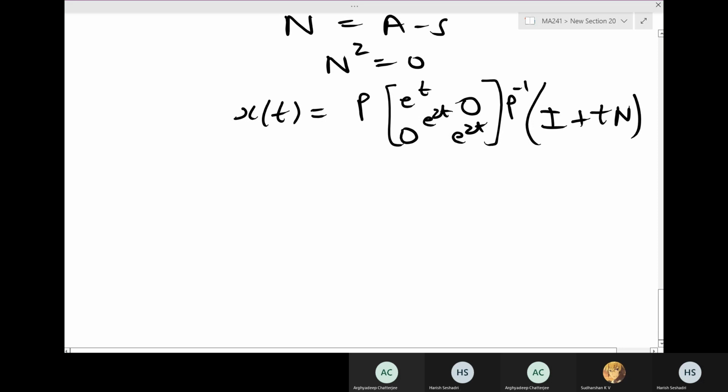So actually, now that I mention it, I didn't think of this point: probably it's true that for any basis of generalized eigenvectors, one has that property that A equals S plus N, P inverse SP is diagonal, and most important, SN equals NS.